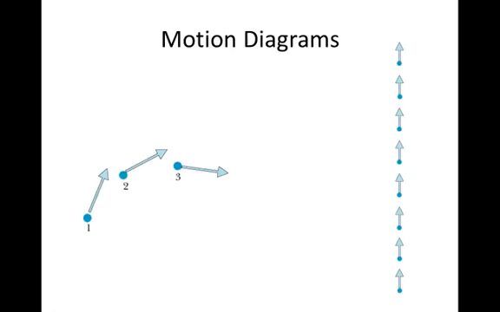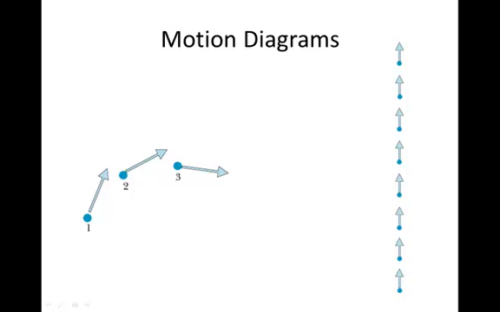A little bit later in the section, they get into a more formal type of motion diagram where each arrow is representing the direction of motion. It's representing the velocity. One thing I want you to notice is that they're not merely connecting the points with the arrows. This isn't telling you which way you go from this point to this point.